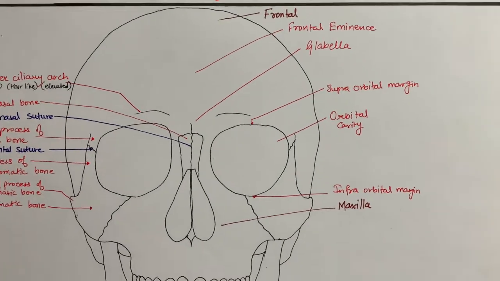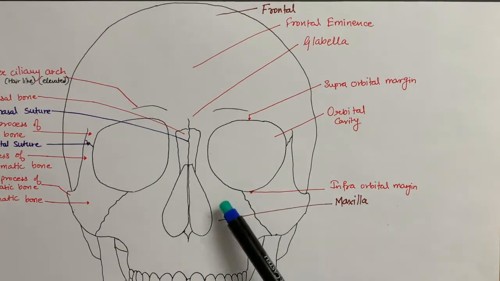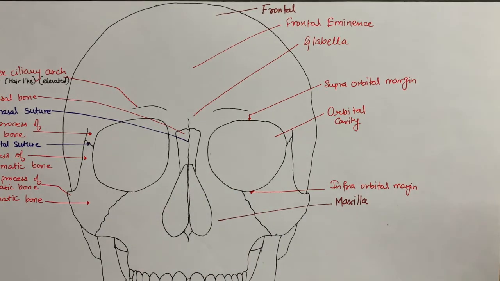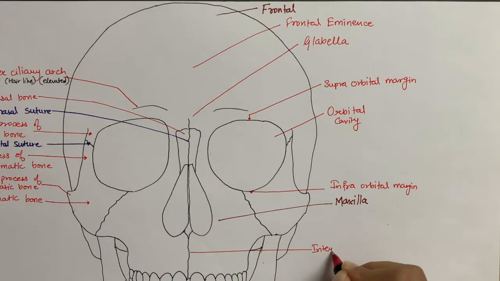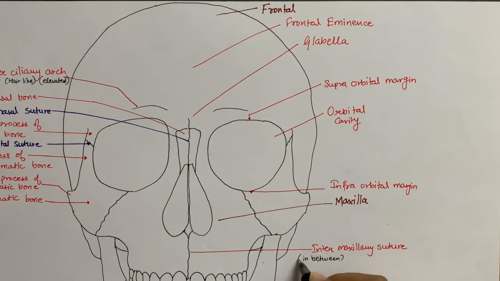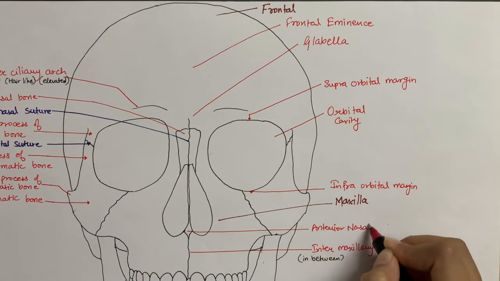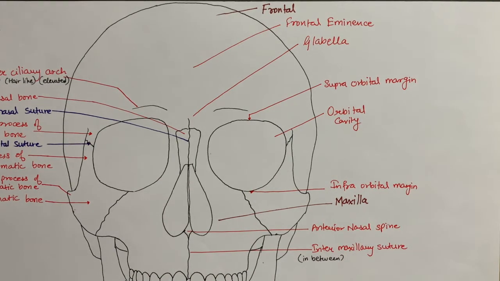Next is the maxilla. It's the bone that forms your upper jaw. Maxilla is basically made up of two bones that are fused in the middle by the intermaxillary suture. Logical name. Inter meaning in between. It's fusing two maxillary bones, so intermaxillary suture. The projection that is formed in the middle by fusion of these two bones is known as the anterior nasal spine.